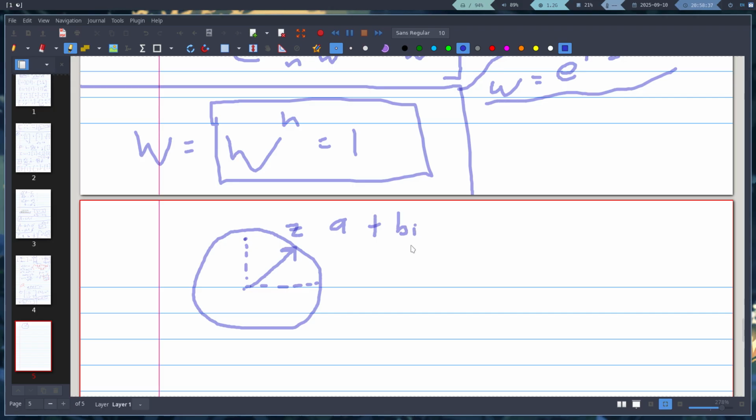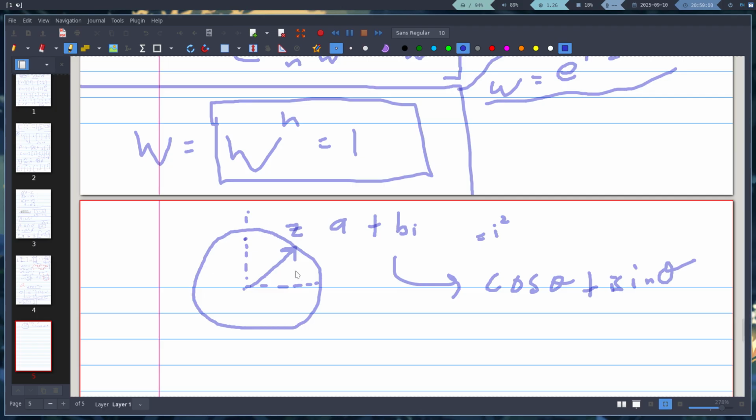It's a complex number in the complex plane. Let's say this is i, and this z here is i squared. In rectangular form this would be cosine theta plus i sine theta. You should be familiar with this. Hopefully you know a little bit of trigonometry.